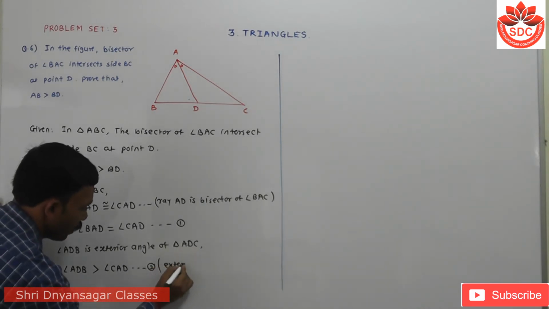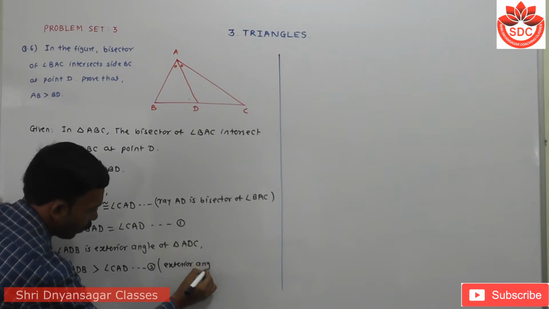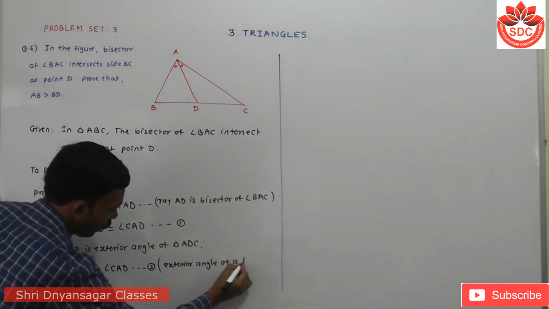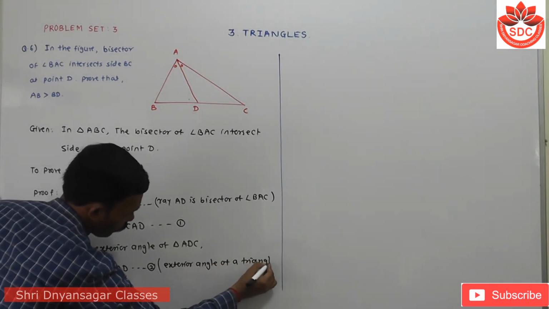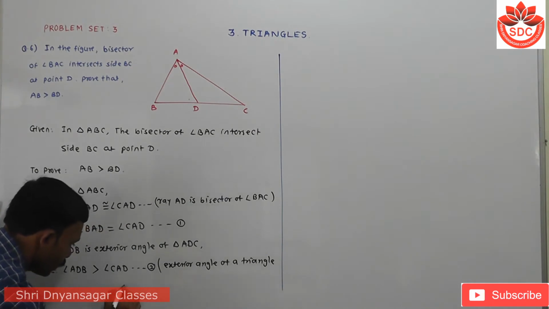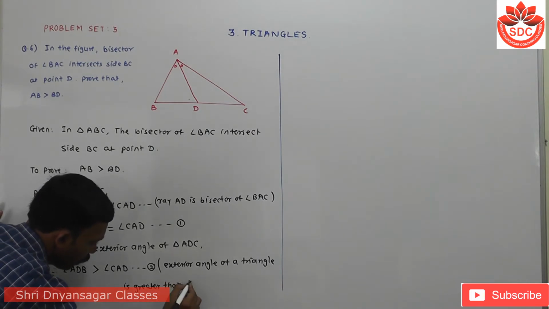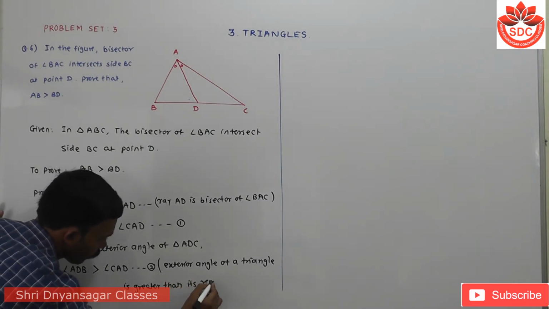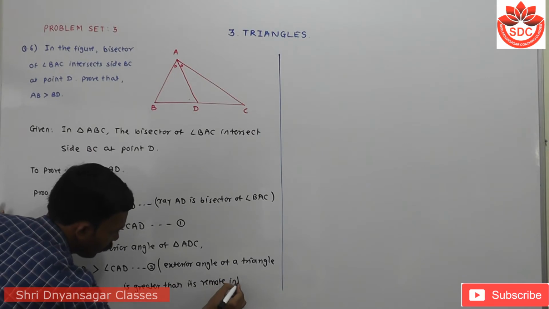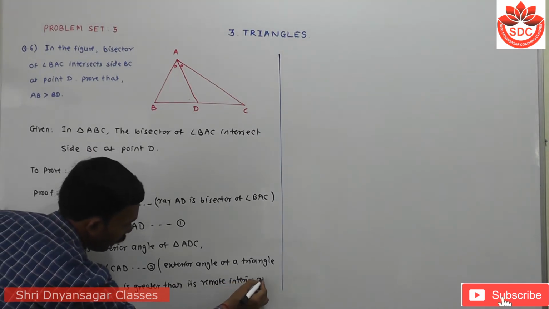Exterior angle of a triangle is greater than its remote interior angle.